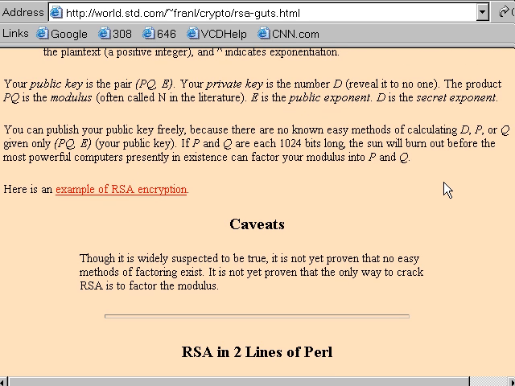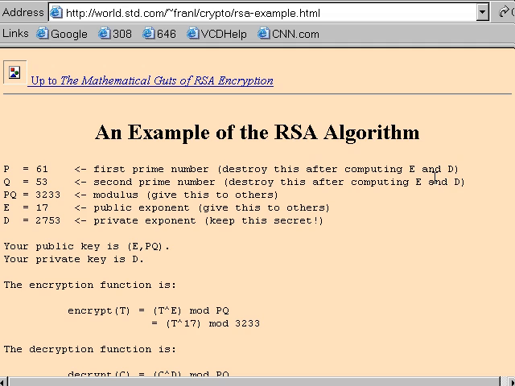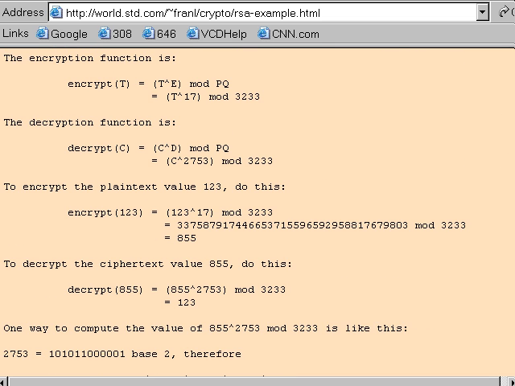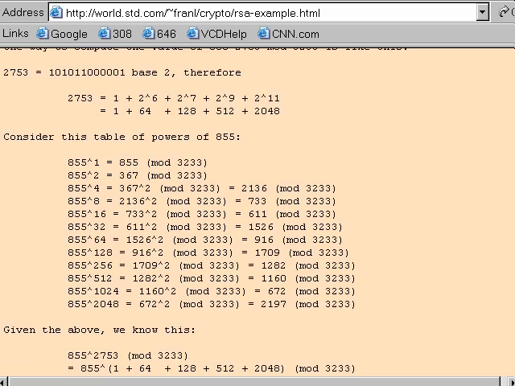continuing on, here's an example of an encryption algorithm with a specific P, a Q, the product, E, and D, and this goes through step by step.